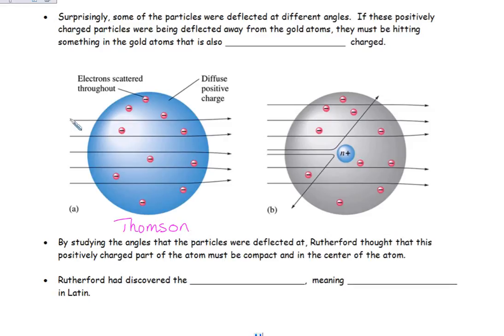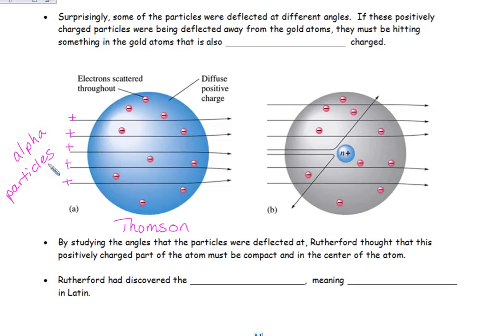These are the positive alpha particles. This is trying to show the track of the positive alpha particles. I'll write that in. Alpha particles zipping through the atom. This gold foil is very, very, very thin.